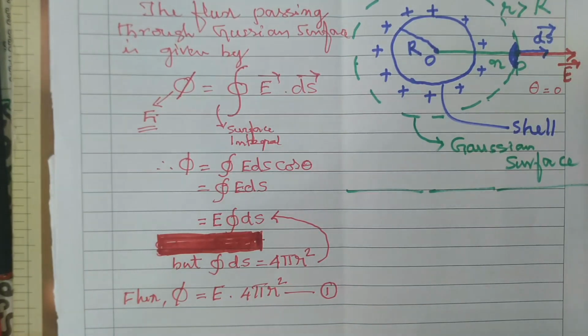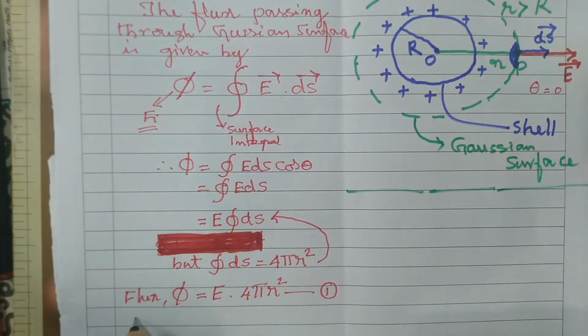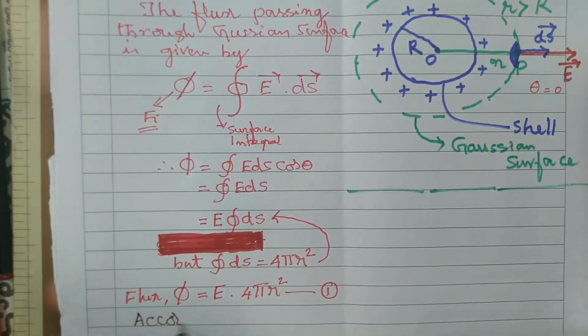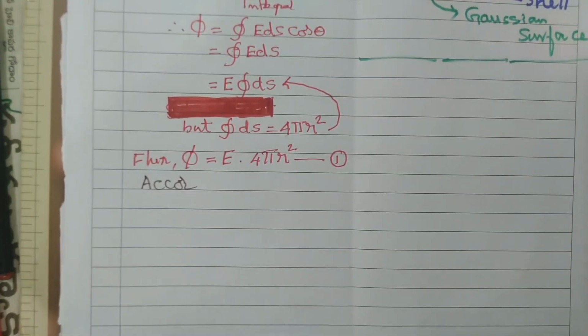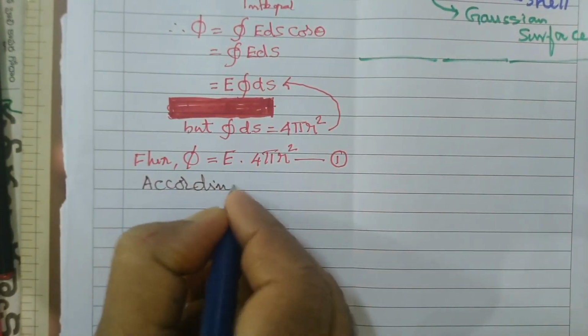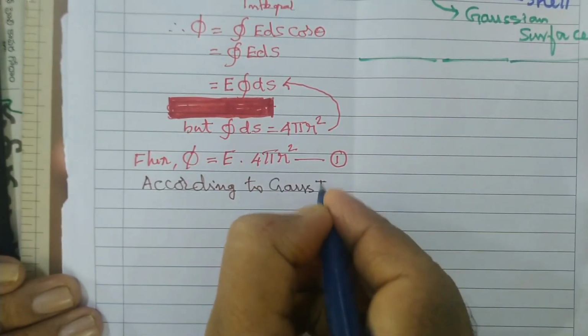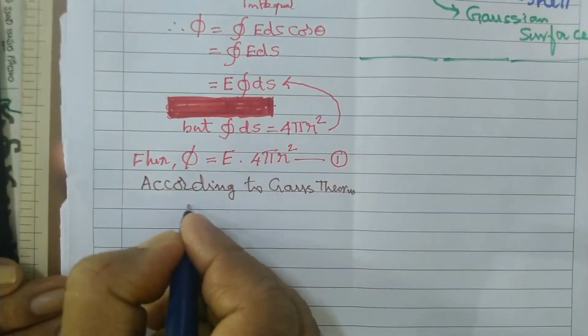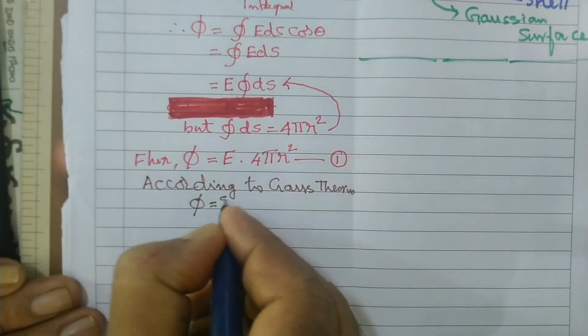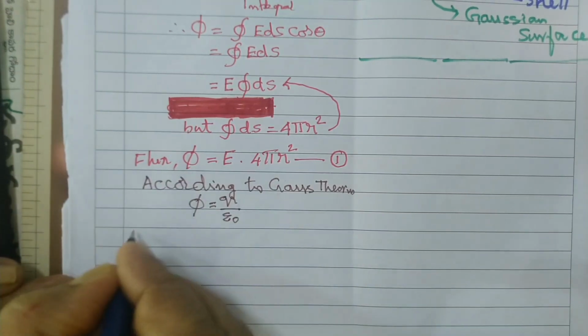I told you already many times that whenever you are preparing for the examinations, if any big derivations are there, you make the derivations into parts and then continue. Now I will go to the second part. In the second part, we are going to take the Gauss theorem. According to Gauss theorem, you know very well phi is equal to q by epsilon naught.